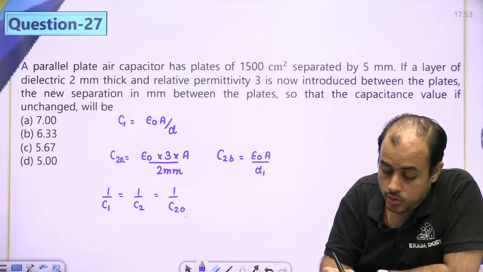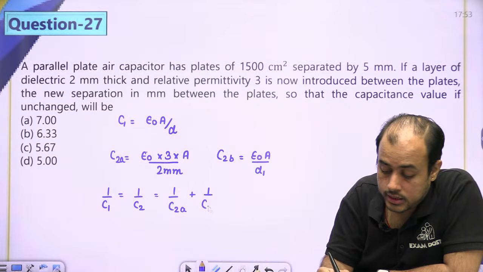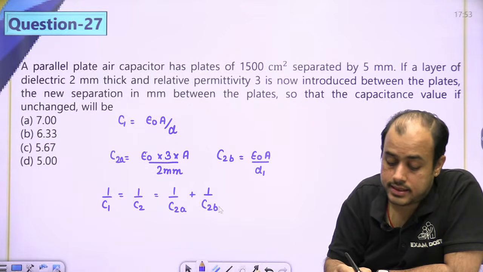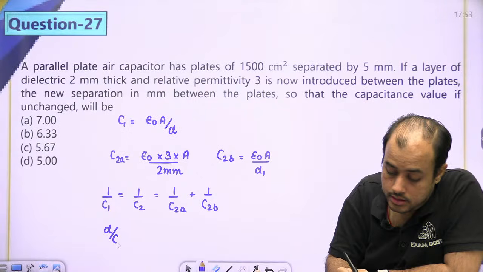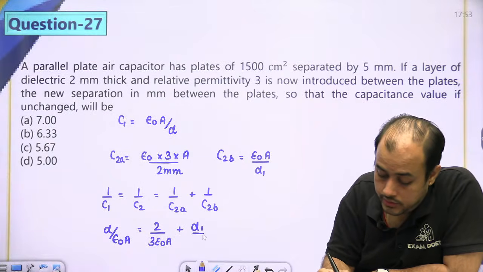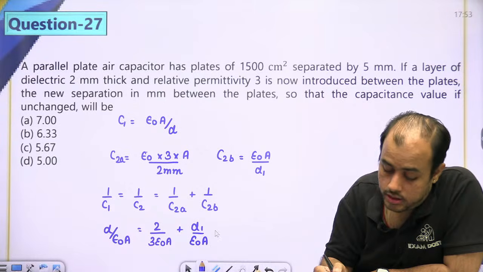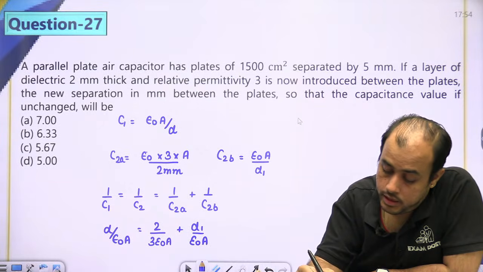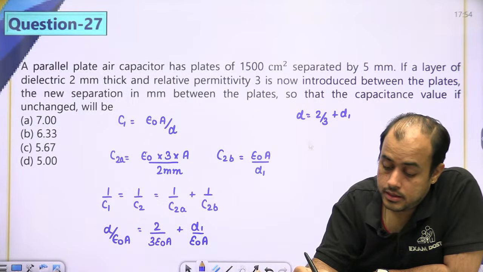Now, whenever you insert a dielectric along the thickness, it is a series connection. Given by epsilon naught A. So D will be 2 by 3 plus D1.